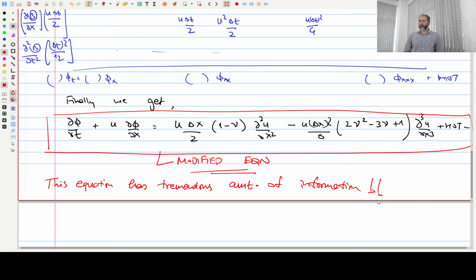So this is called the modified equation, and this equation has tremendous amount of information and importance.